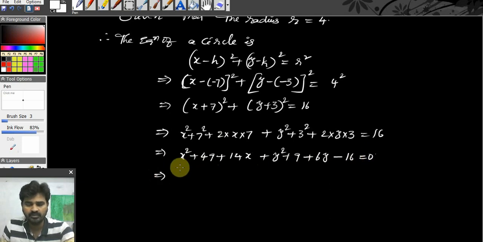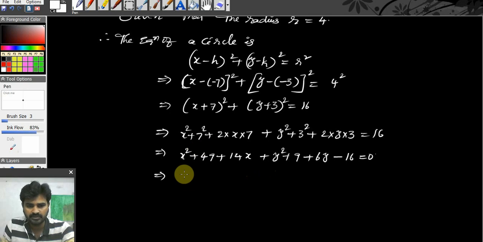Now you have to arrange the final answer. Remember, every second degree equation in two variables can be arranged in this order: first the x square term, next the x into y term, next the y square term, next the x term, next the y term, next the constant term. That order you have to follow.